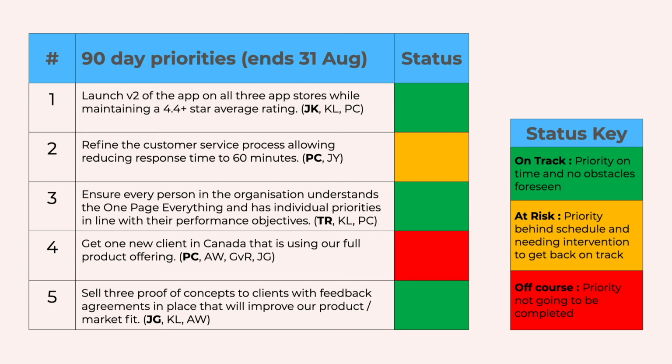That's a very positive thing to do. So I'd encourage anyone responsible for priorities to make sure that they label them accurately at any point in time. We use the very simple green, orange, red, so we don't need to have very long conversations. We can start talking about what are the remedial actions that need to be taken to get something back on track, rather than debating whether it's on track or not.